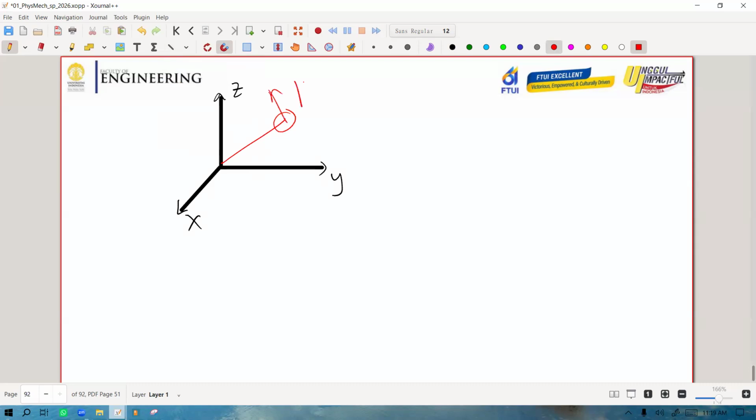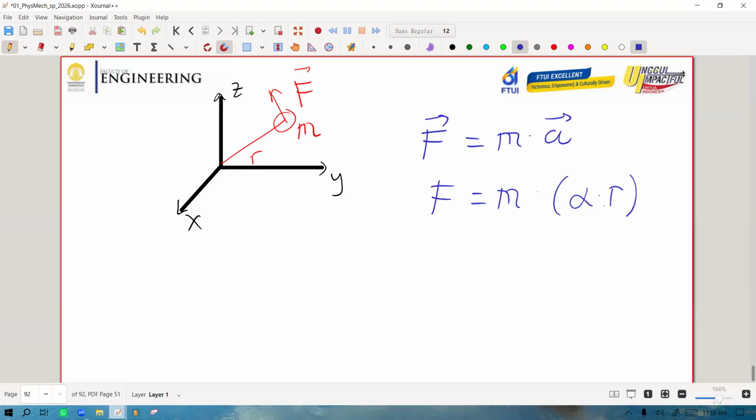There is force, then r. So this one is the mass. For linear motion, F is mass times acceleration, right? But a in scalar form means m times alpha r.